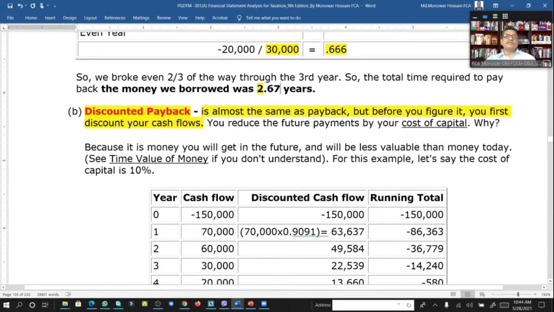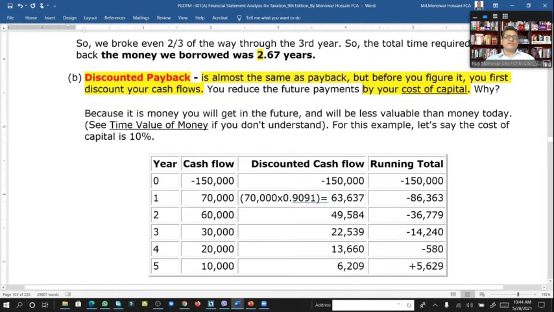Now, in the discounted payback period, considering the time value of money, you reduce the future payment by your cost of capital. Why do you do it? Because money you will get in the future is less valuable than money today, because today's money is stronger than tomorrow's money.